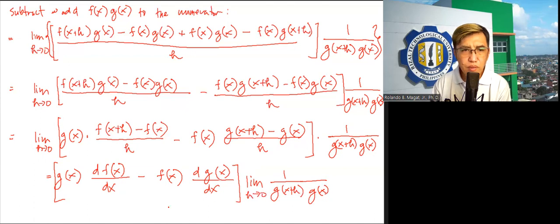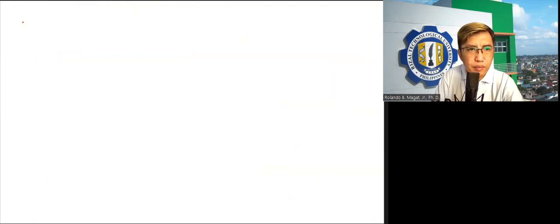as h approaches 0. Okay? So, whenever h approaches 0, gusto kong ipakita sa inyo dito. Therefore, 0 itong isa dito. X plus 0 na yan. So, what we have is 1 all over gx times gx, di ba?